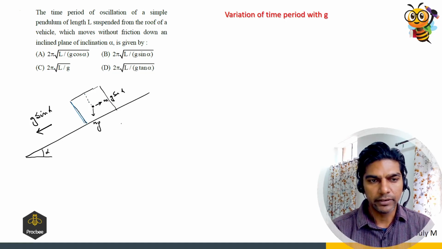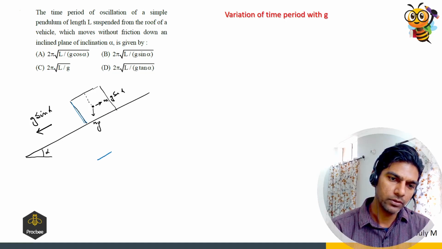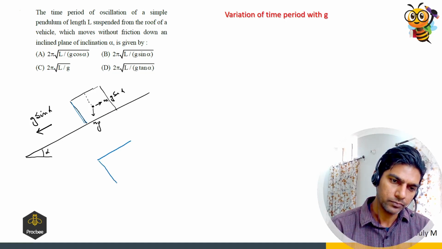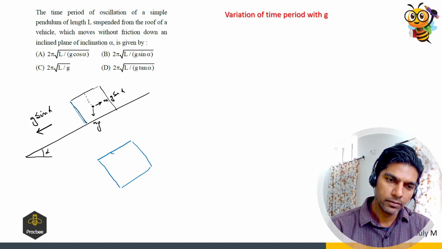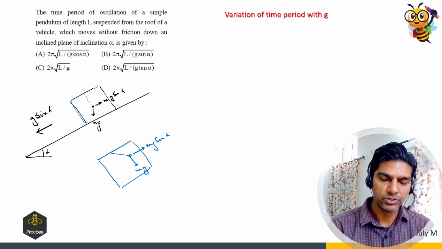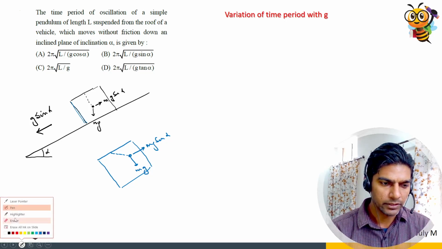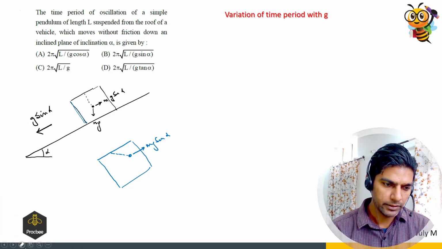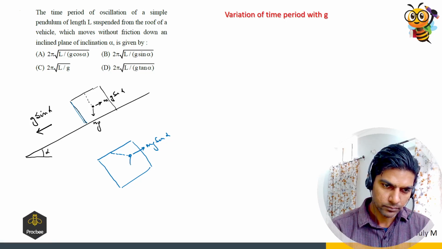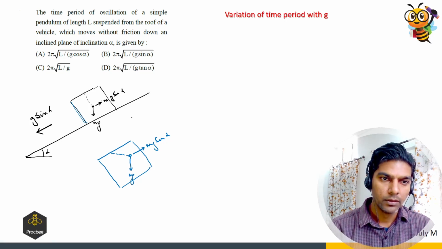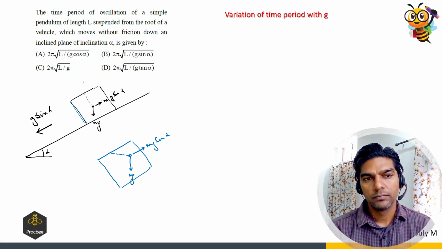Now they will be tilted. So if I show you the actual orientation of the pendulum, it will be something like this, where this force is mg sine alpha, and this is mg in the downward direction, and we have to find the time period.